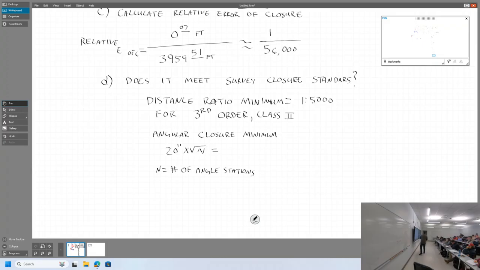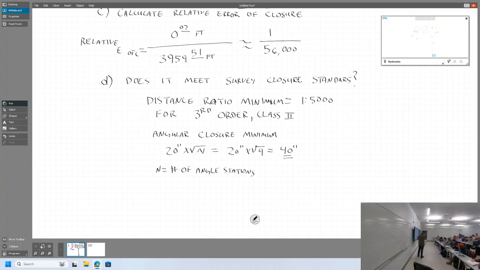Looking at the sketch, how many angles did you have, just when you set up and turned? You had 4. So this would equal 20 seconds times the square root of 4, which is 40 seconds. That would be your angle misclosure.